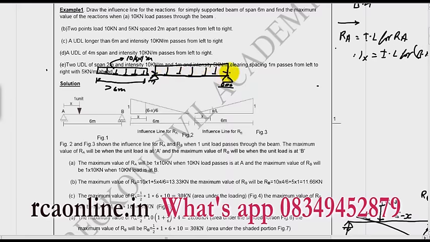Okay, so this is my loading. And what is the value of RA? For RA value, you have to find the area under the UDL. So what will be the area? This complete area, because UDL is on the complete span. So this area multiplied by the intensity of the UDL.